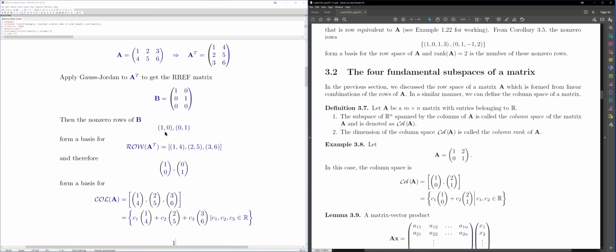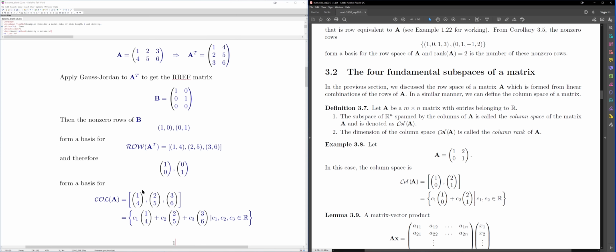So if you understand that this here is a basis for this row space, all you're doing is rewriting everything. You're writing all your row vectors as column vectors, and when you do that, what you have here is the column space of A, and therefore these two would be a basis for your column space.